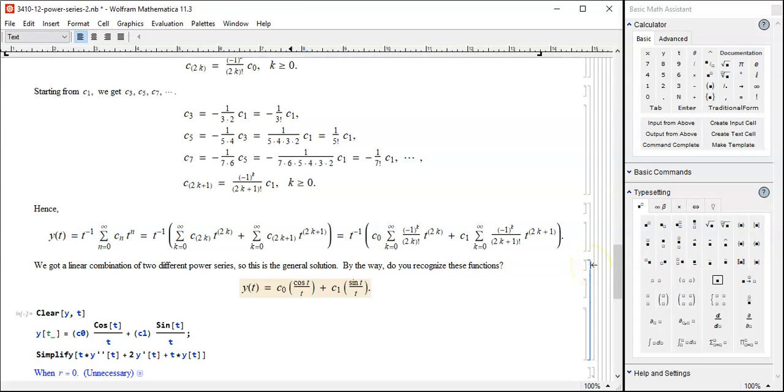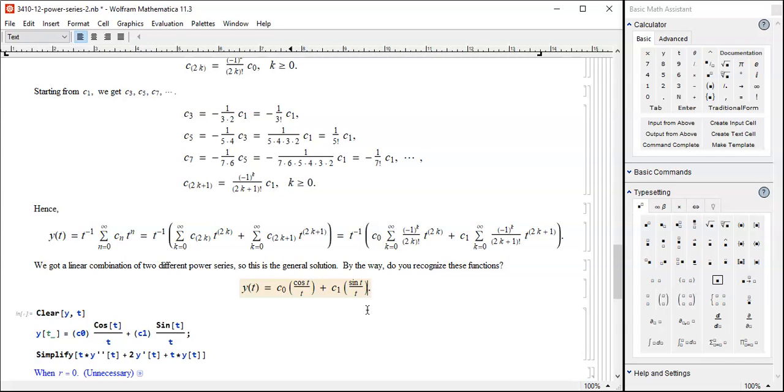So, by considering that same r value, r equals -1, I actually got 2 linearly independent solutions. One Frobenius series that consists of even terms, and another Frobenius series that consists of odd terms.